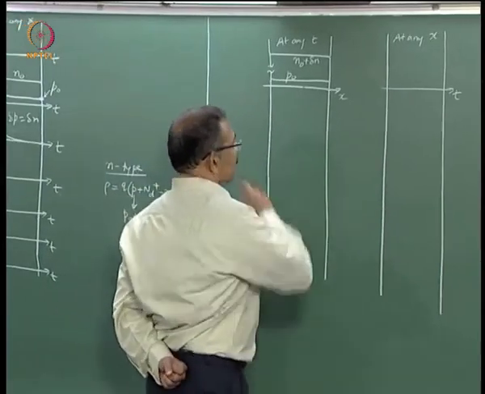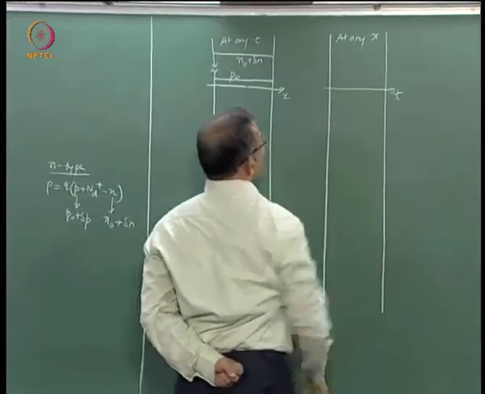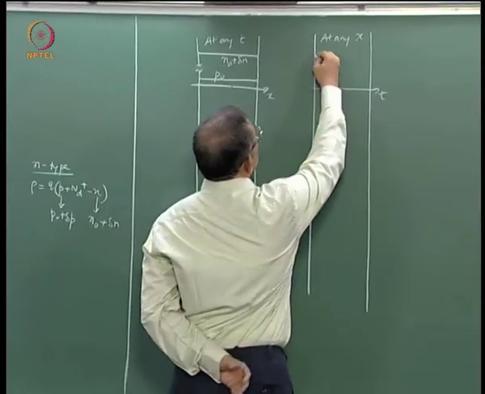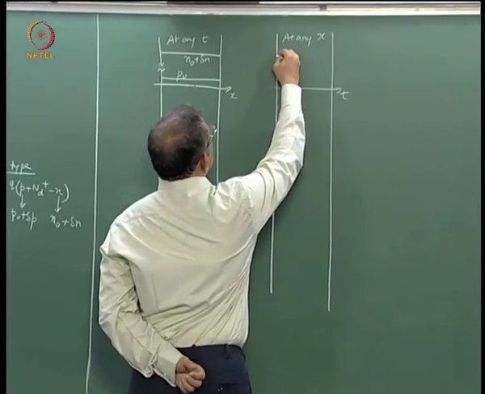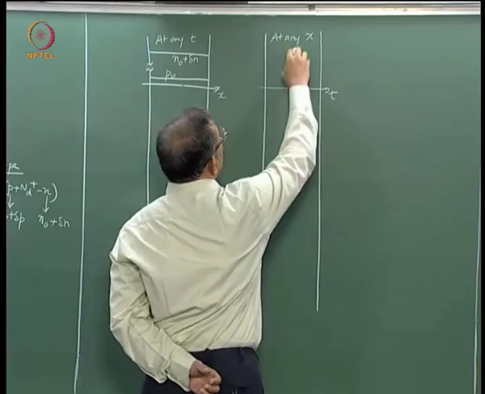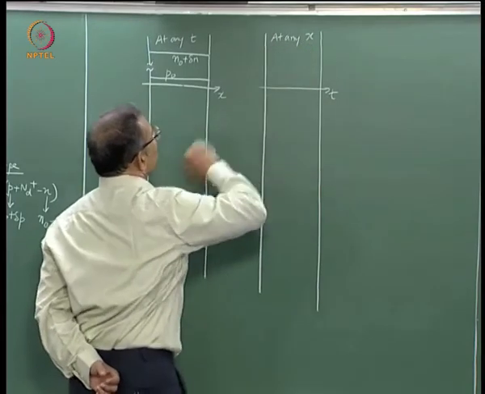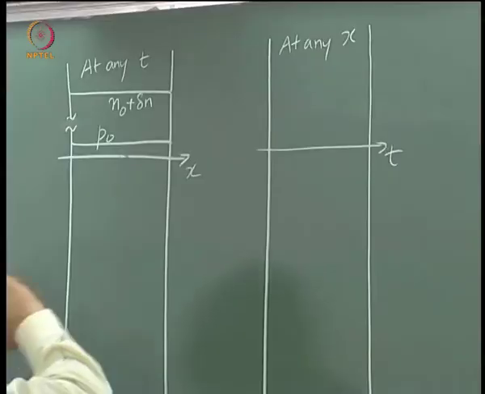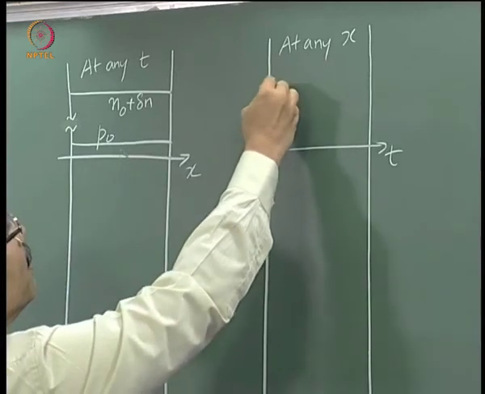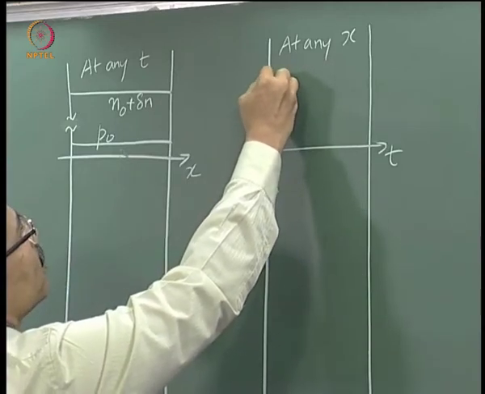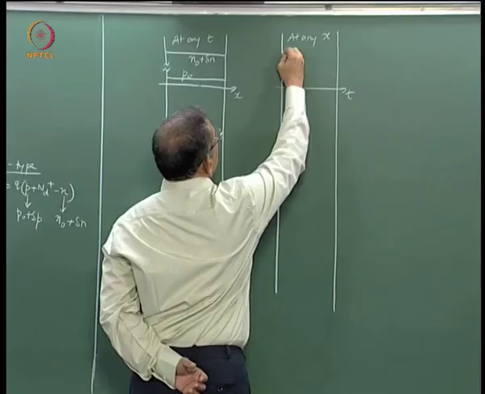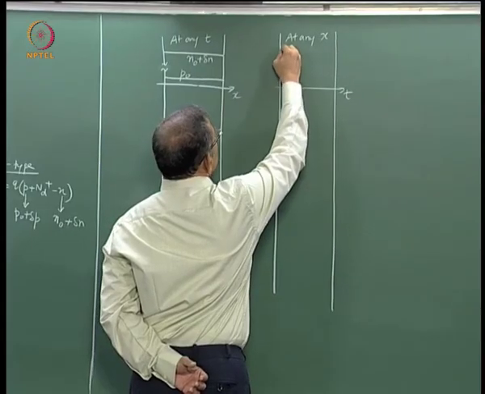Now, what about n and p as a function of time at any x? Since the carrier concentration is uniform at any x, we will see the same picture. So, the electron concentration is converting itself into a surface charge and the volume concentration is dying out.